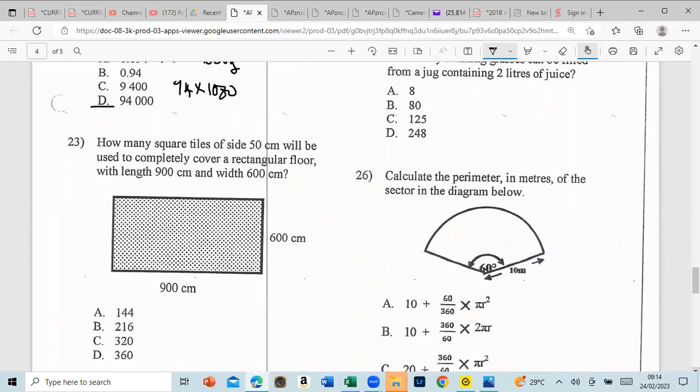How many square tiles of side 50 centimeters will be used to completely cover a rectangular floor with length 900 centimeters and width 600? So guys, 6 nines are 54.